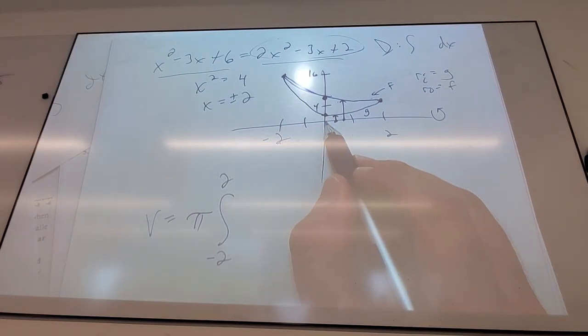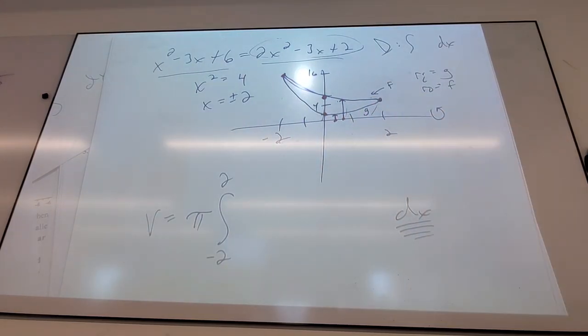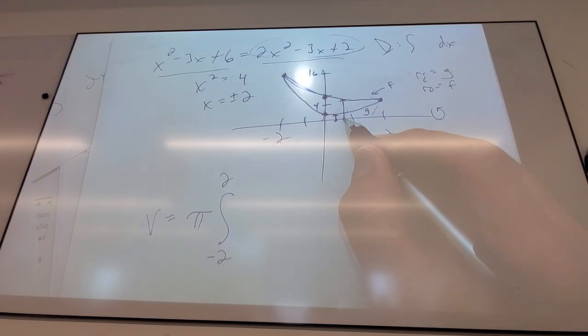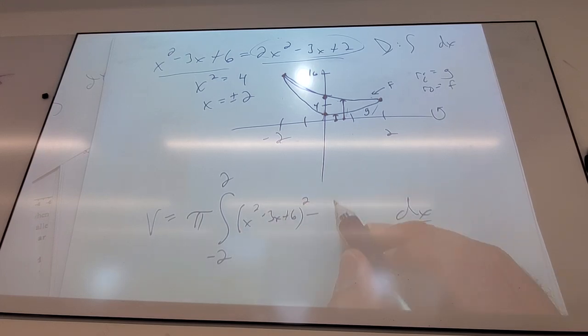That's how I can scan my banana. And then what goes on the inside? R outside squared, which will be, what was the f again? X squared minus 3x plus 6, squared, minus our inner squared.